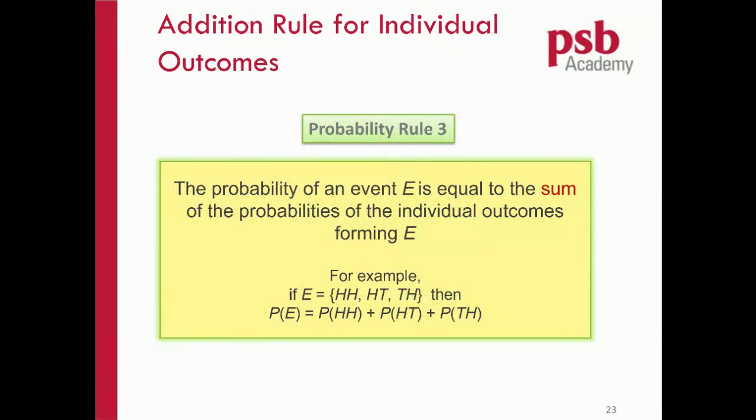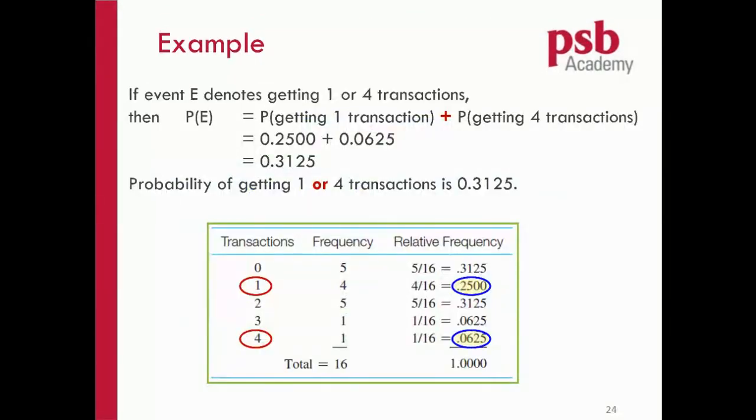So when you have multiple outcomes and you want to find the probability of, for example, you have this. If event E denotes getting 1 or 4 transactions, what's the probability of you getting 1 or 4 transactions? 1 transaction is this much. 4 transactions is this much. What's the probability of getting this or this?